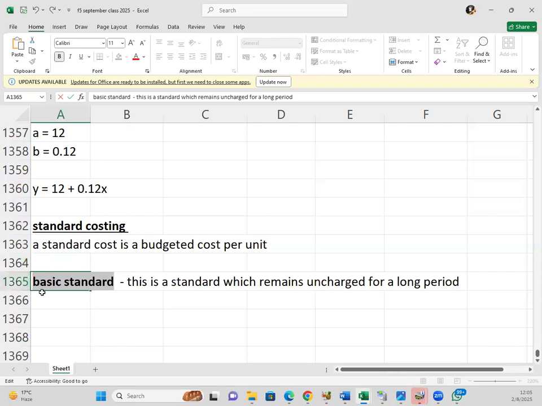Then we can have an ideal standard. If a standard is set as an ideal standard, this is a standard which assumes perfect operations.